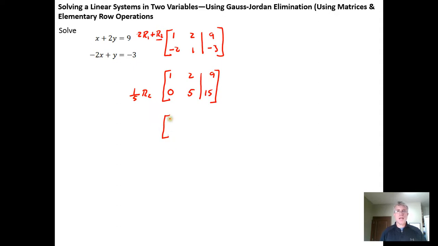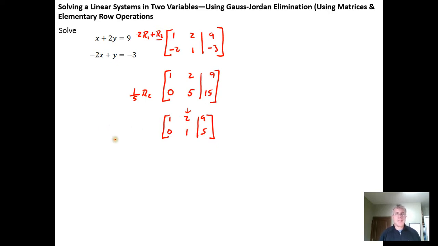So if I do that, I'm making no change to row 1. A fifth of 0 is still going to be 0. Once you get this form going, this column never changes again. 1/5 of 5 is 1, and 1/5 of 15 is 3. Now I have a leading 1 in row 2, and I need everything above and below it to be a 0, so I need to get a 0 in this position right here.